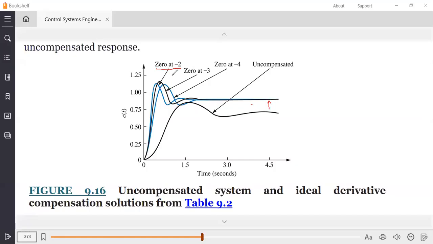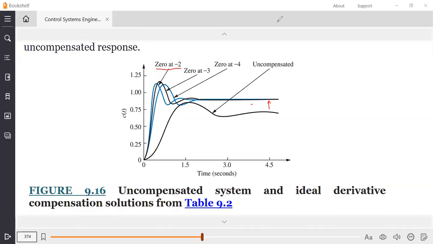The zero at -2 is giving the best result because it is cancelling the pole, so your system order is also changing. The rest of them are also shown here, and accordingly you have to choose the location.